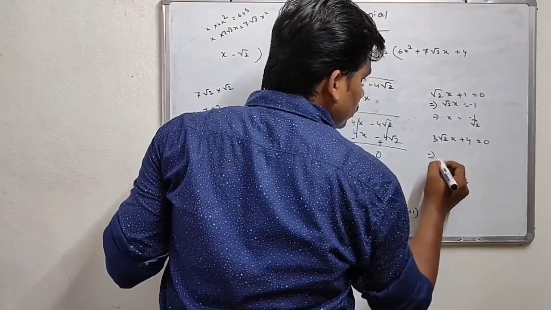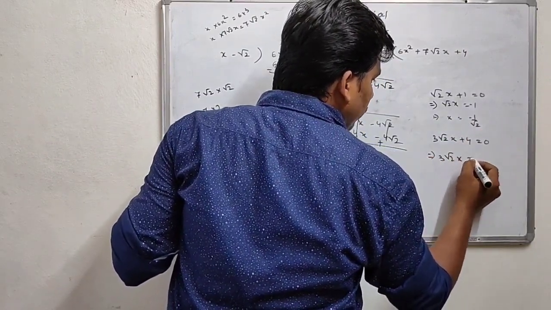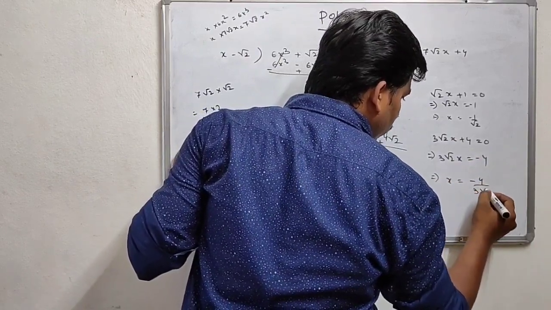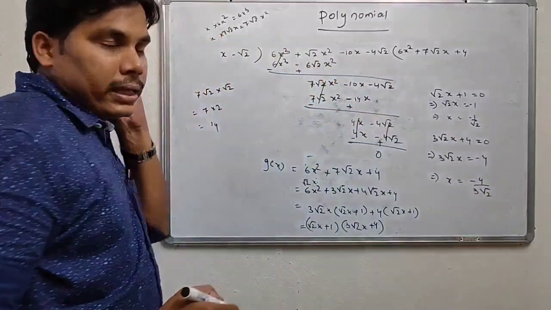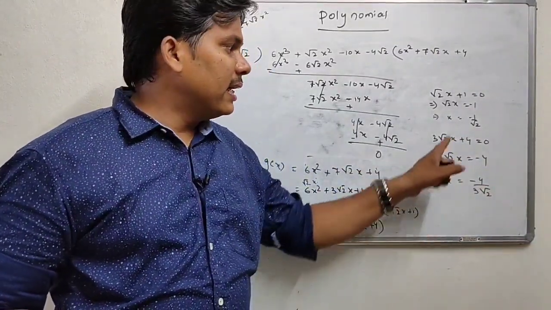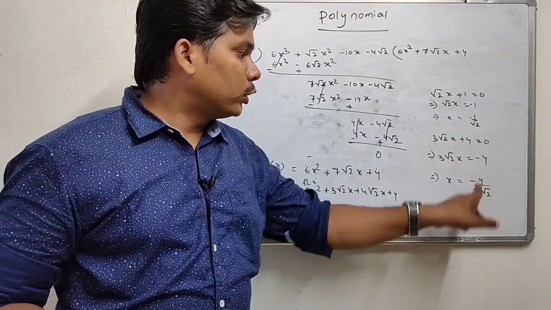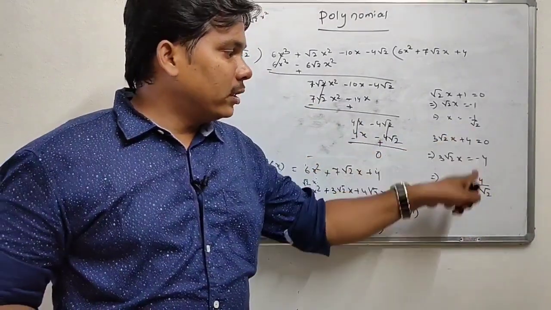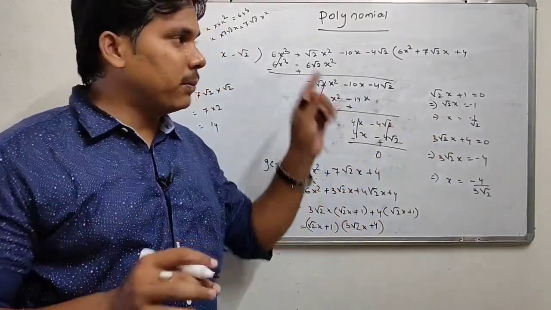The same here, 3 root 2x equals minus 4, x equals minus 4 by 3 root 2. If you wish, you can rationalize this, otherwise not necessary. These three terms, minus 1 by root 2, minus 4 by 3 root 2, and root 2, are the zeros of this polynomial.